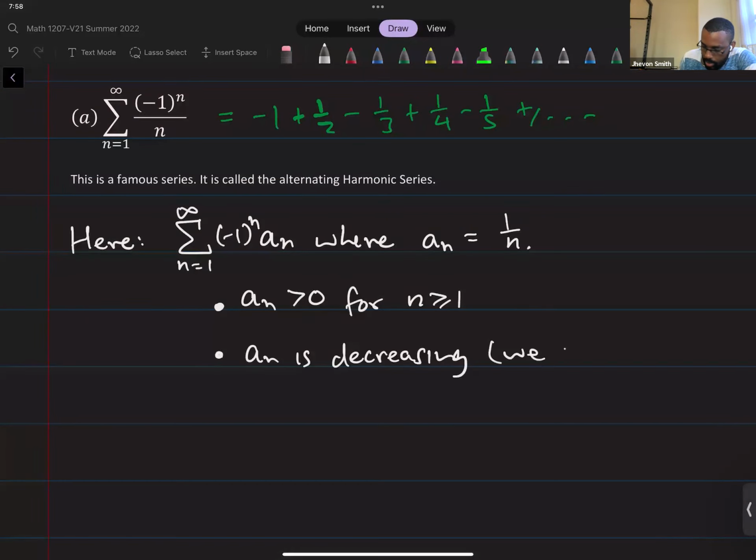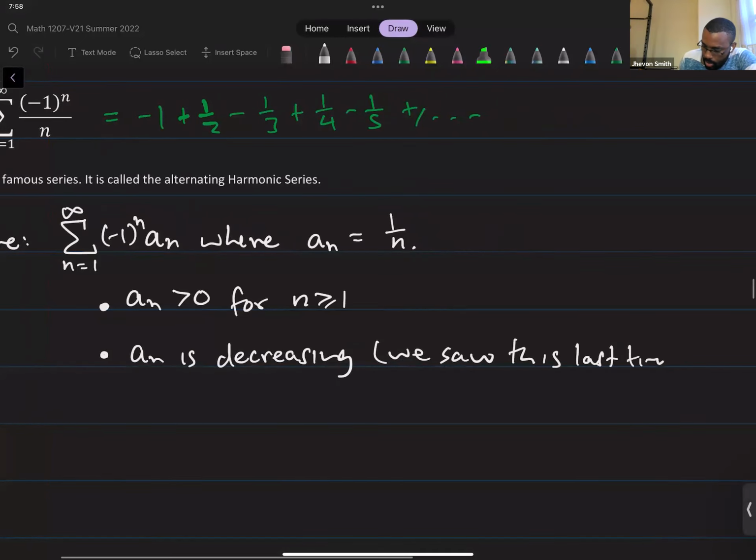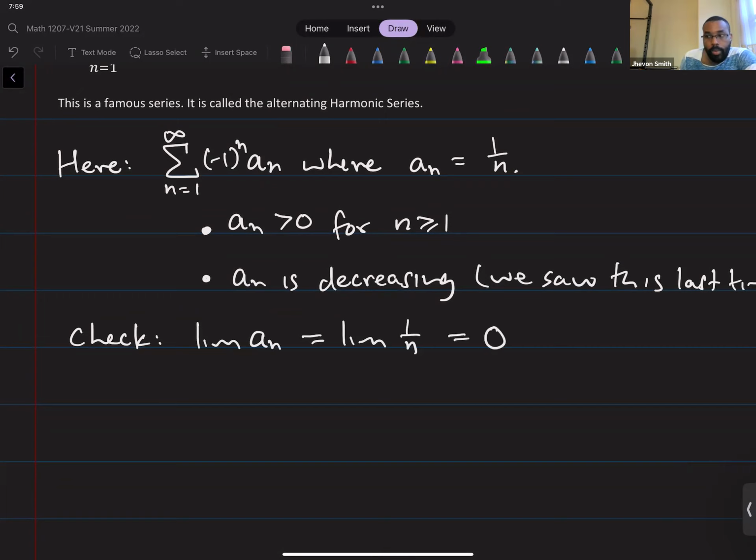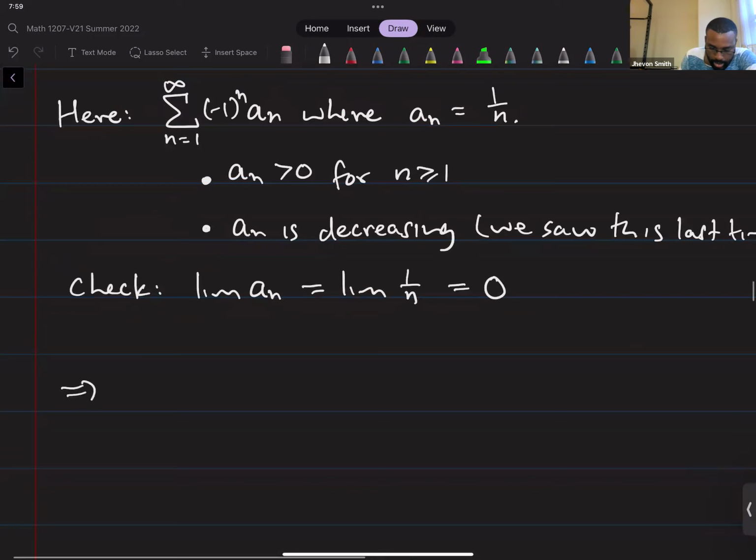We saw this last time. And so, if you check the limit of an, well, that's just the limit of 1 over n, and that equals 0, then I can say that this series converges.